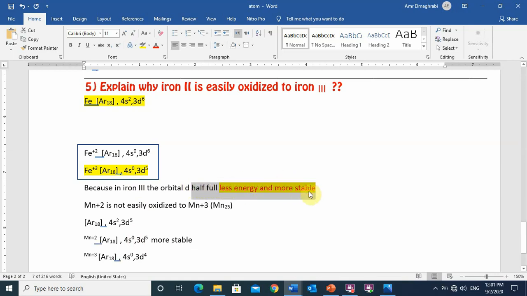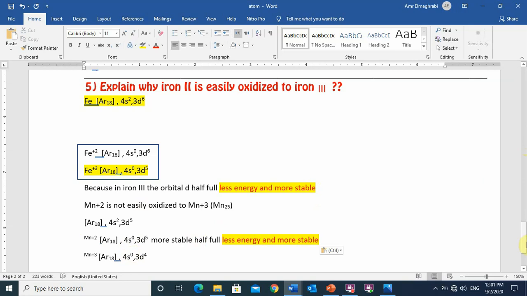So we will put the same sentence here. More stable. Why? Because D is half full, less energy and more stable. So it is easy to change Mn positive 3 to Mn positive 2, but the inverse is hard.